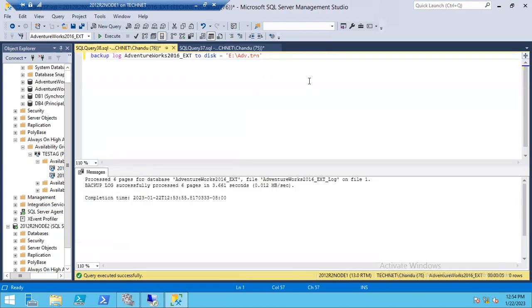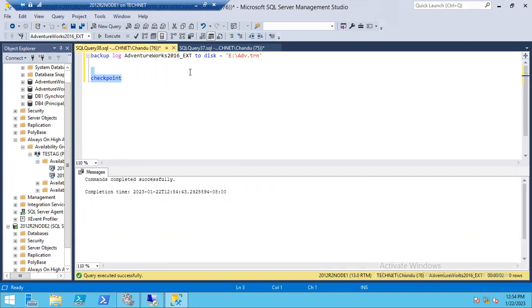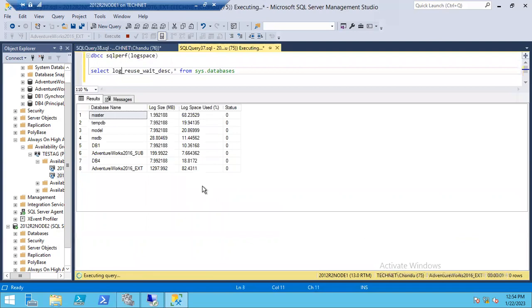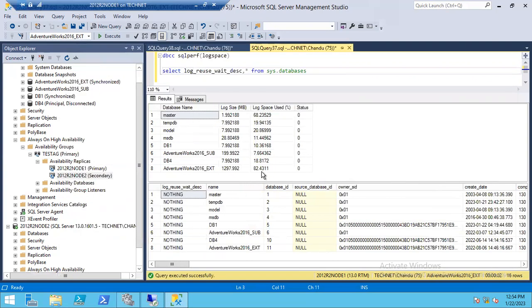Okay, cool. So that is how we have to investigate and fix the issue. So don't worry about whatever the log space usage is. That should be fine. It will be reutilized whenever we perform high transactions.